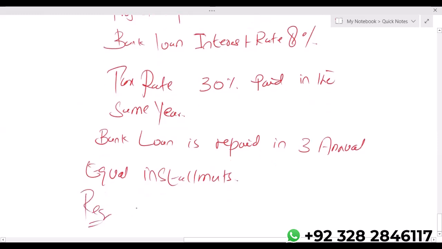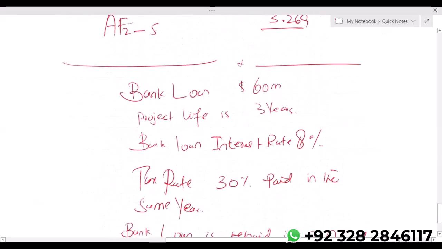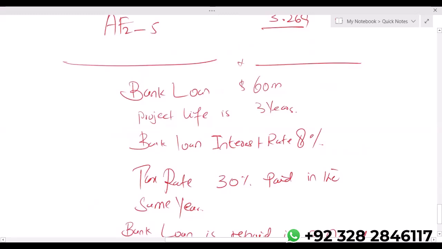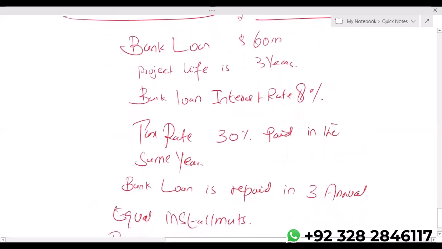Required: present value of tax savings from interest payments. Bank loan is 60 million, project life is 3 years, bank loan interest is 8%, tax rate 30% paid in the same year. Bank loan is repaid in 3 equal annual installments, and I need present value of tax saving from interest payment. I'm giving you 5 minutes, please. I want everyone to attempt this. You have 5 minutes.